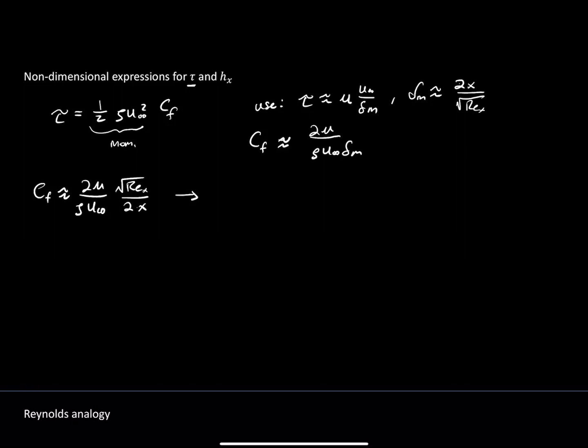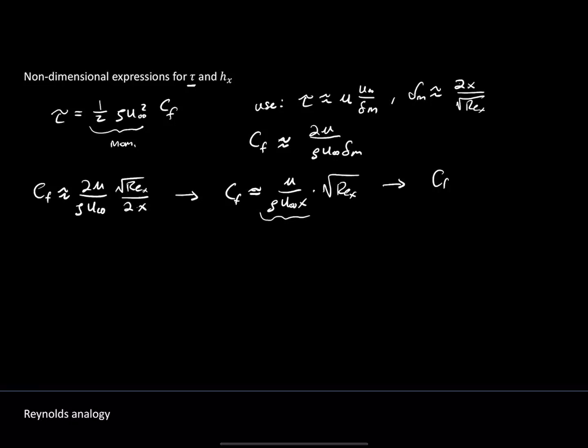All right, so now we can just do some minor rearrangements. So this is CF is approximately mu over rho u infinity x times the square root of Reynolds x. And if you look carefully, this is again 1 over Reynolds number.